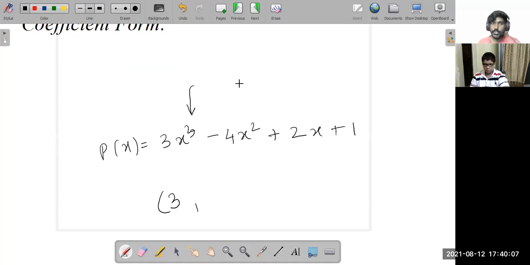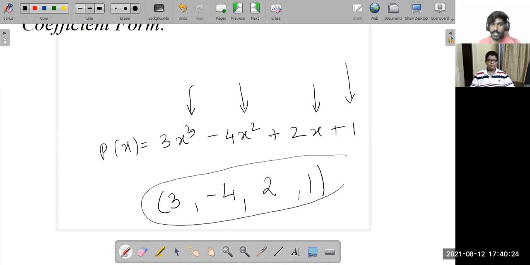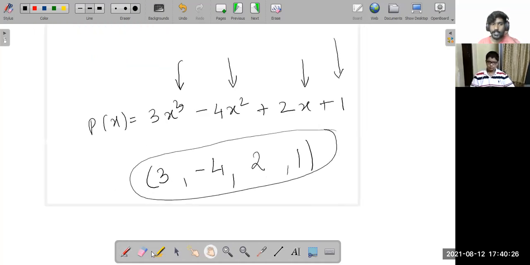Coefficient of x squared is minus 4. Look at the sign also, minus 4. Coefficient of x is 2. And the last term is 1. So you write all the coefficients like this in round brackets. This will be called a coefficient form.